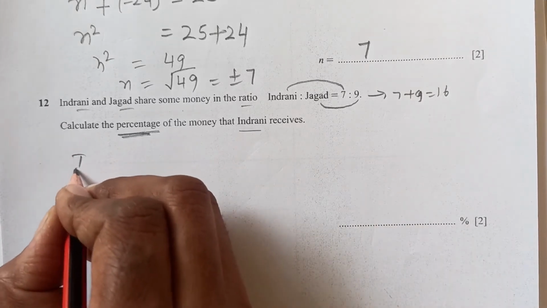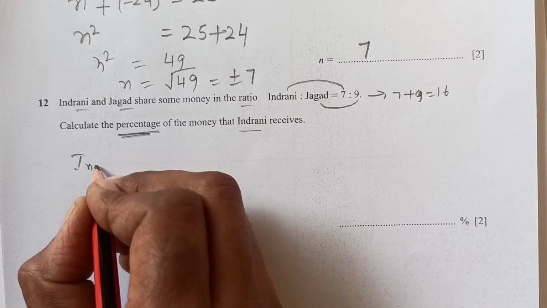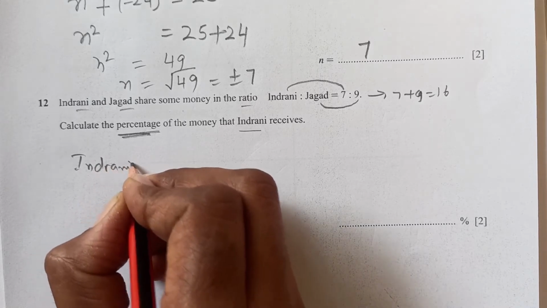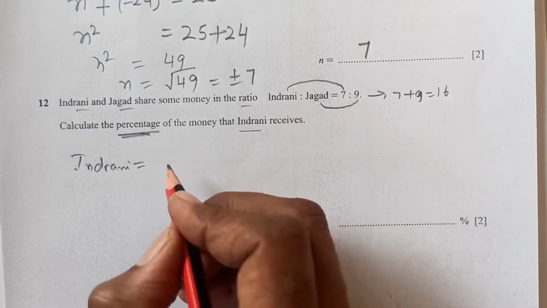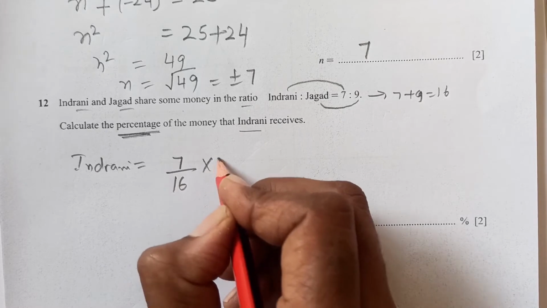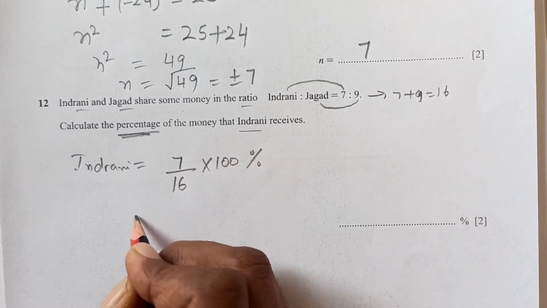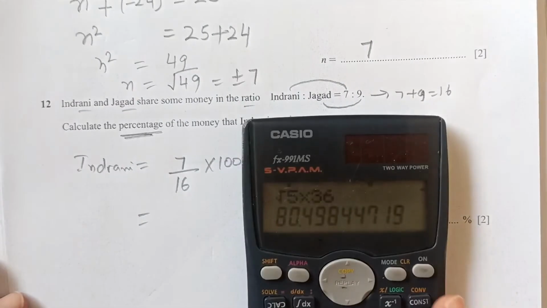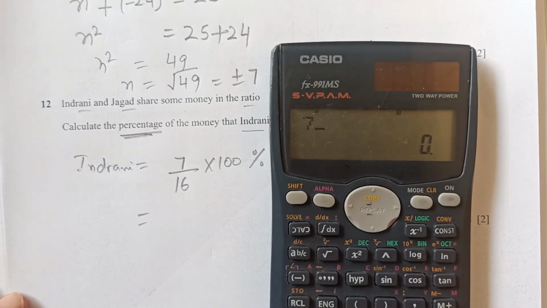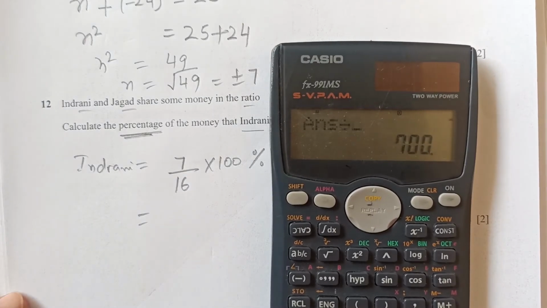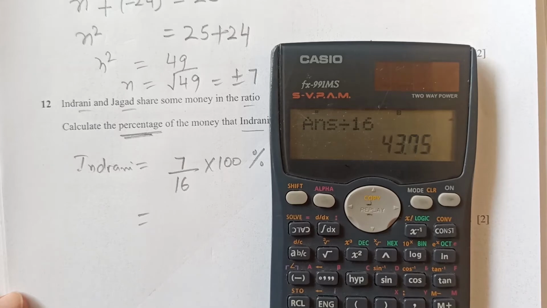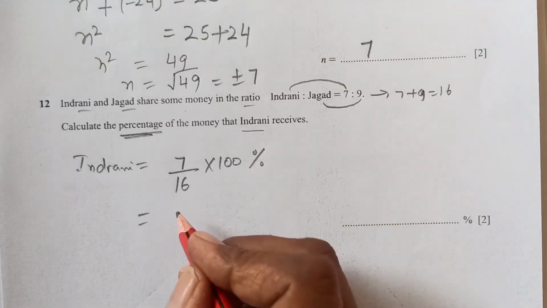So Indrani's percentage is going to be 7 out of 16 times 100, as we are looking for the percentage. So that means 7 times 100 divided by 16.